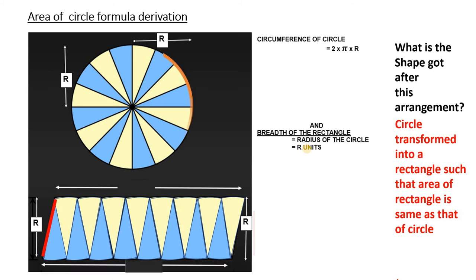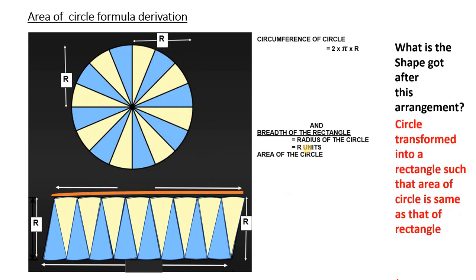Now, what is the length of this rectangle formed by the arrangement of the sectors? I am taking the half circle there, and that half circle comes to here. The right semicircle I have taken, and the left semicircle in red, so the orange colored and red colored semicircles together form the circumference of the circle, and they are both equal.